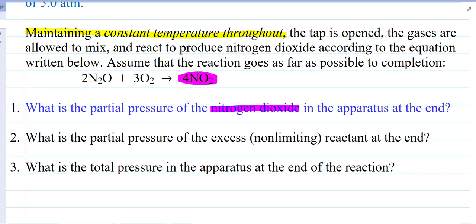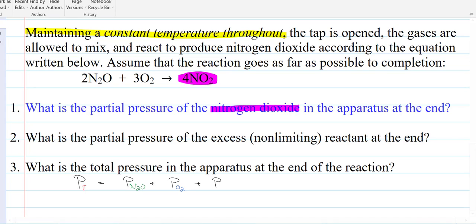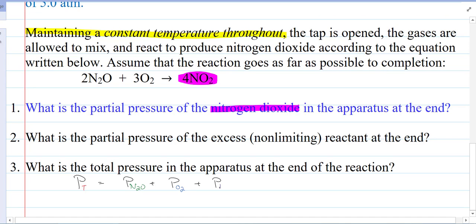So at the end, the total pressure of the apparatus will equal the pressure of N2O, the pressure of O2, and the pressure of NO2. Now, one of these 3 will be 0 because of the limiting reactant. And we'll go from there.